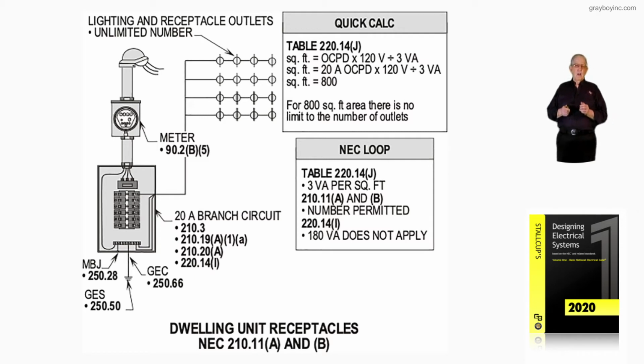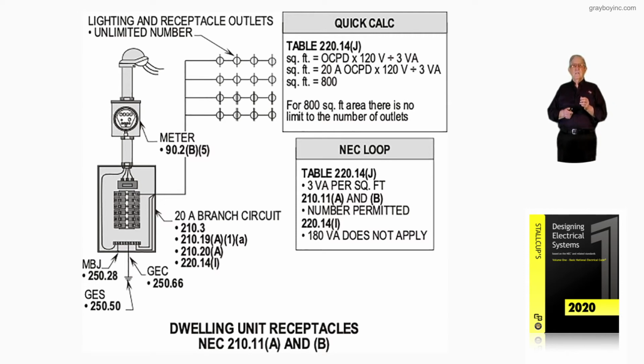Now, at the very top, we have a quick calc. But this quick calc we're going to look at is in accordance with Table 220.14(J), which is for dwelling units. Now, notice that the overcurrent device times 120 volt circuit divided by 3 VA from 220.14(J) and (L).